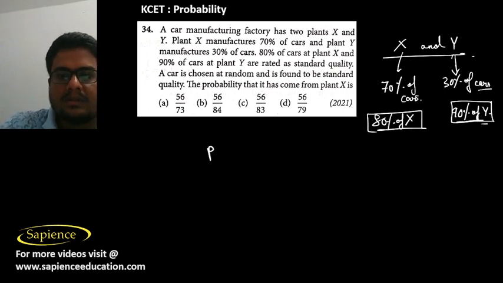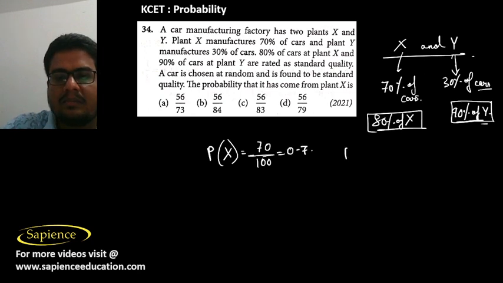So here the probability that the car is manufactured from plant X is equal to 70%, 70 by 100, so that is 0.7. And the probability that the car is manufactured from plant Y is 30%, so 30 by 100, that is 0.3.